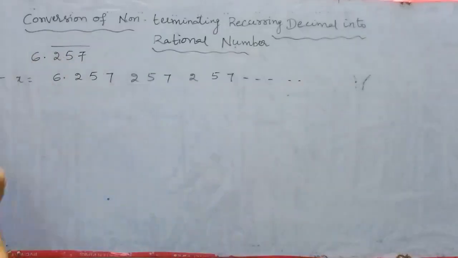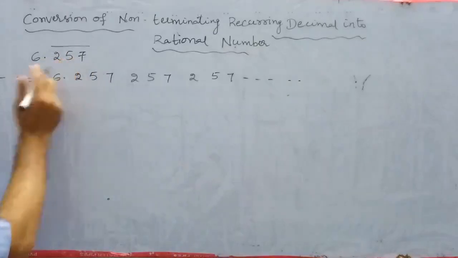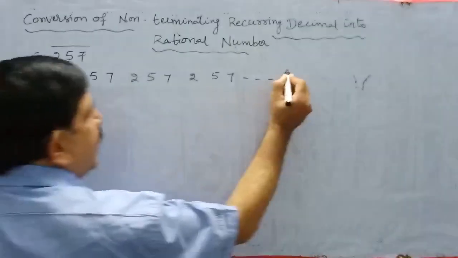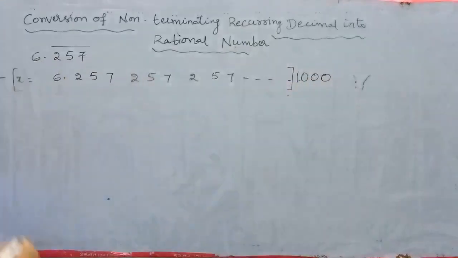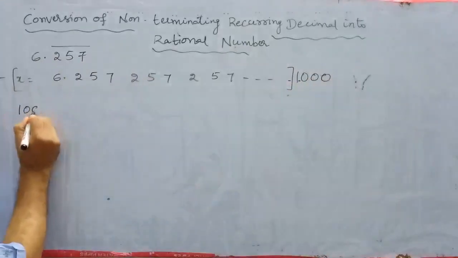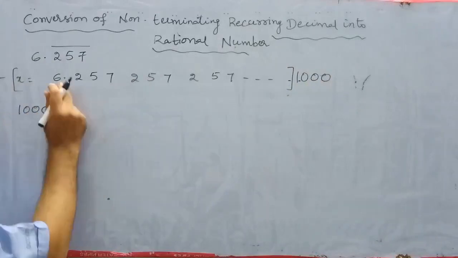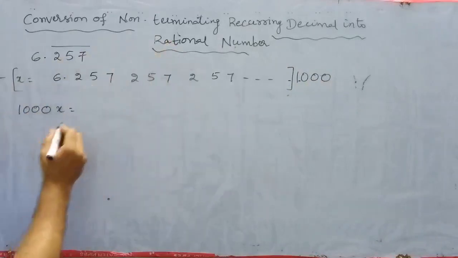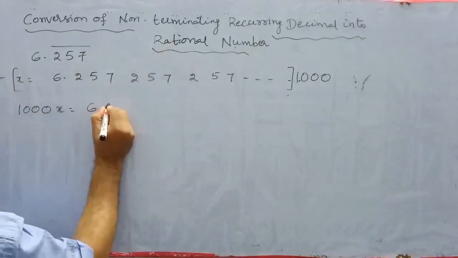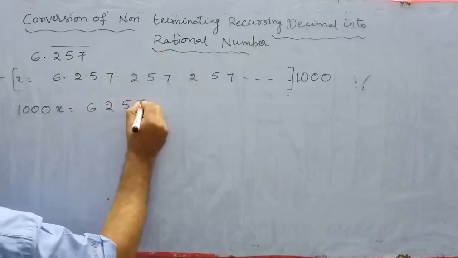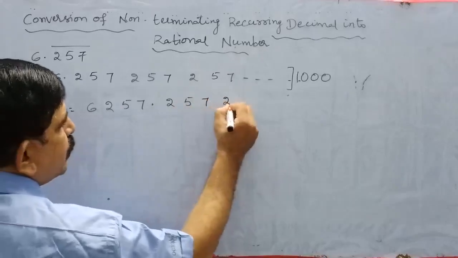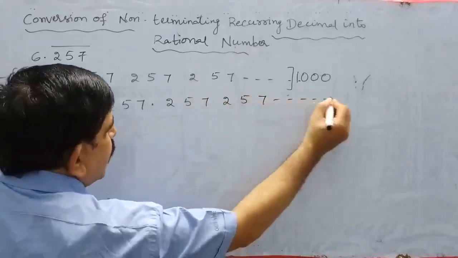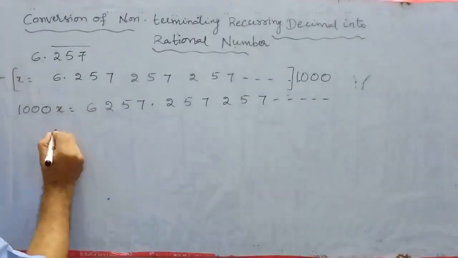Now periodicity is 3, therefore we have to multiply the total equation with 1000. Now 1000x is equal to, the point moves 3 places to the right, so 6257.257 and so on.